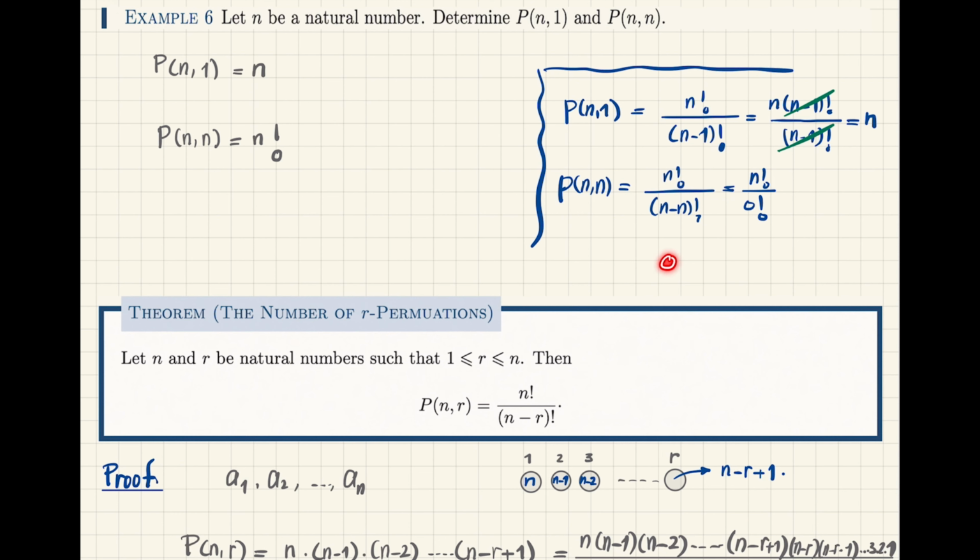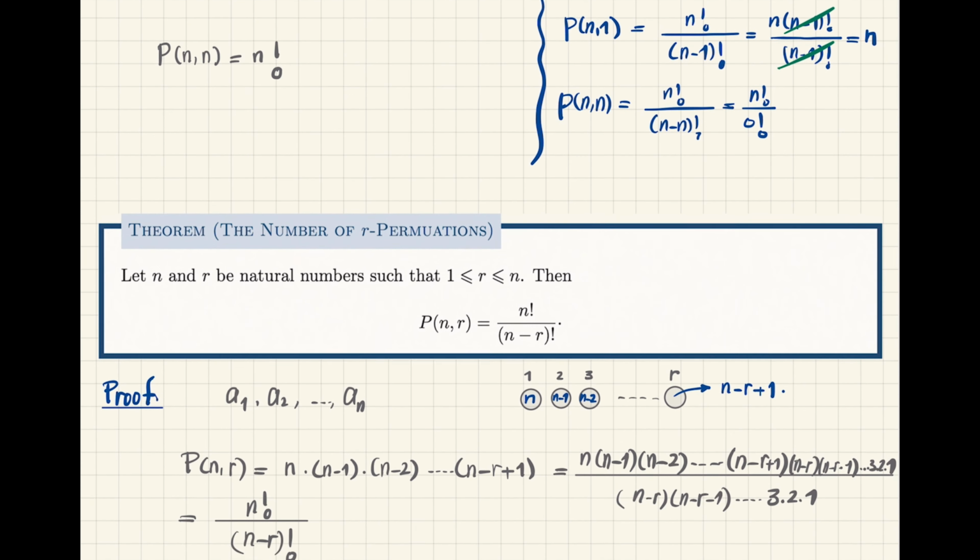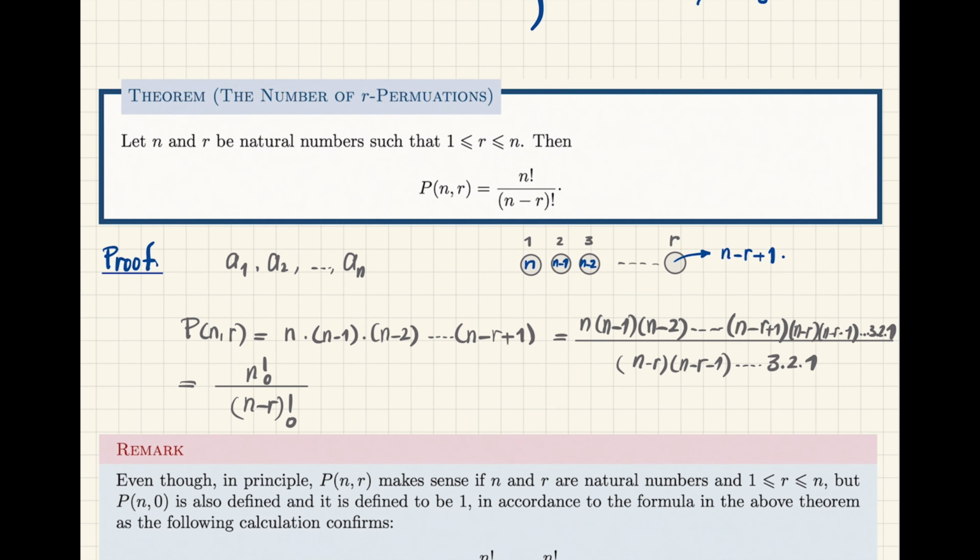If I do not choose 0 factorial to be 1, this formula should be written in two different ways: one for the case where r goes from 1 up to n, another for the case r is equal to n. Because I do not want to make trouble for myself, I will, by convention, define 0 factorial to be 1. So this is a good understanding of why people define 0 factorial to be 1, not any other number.